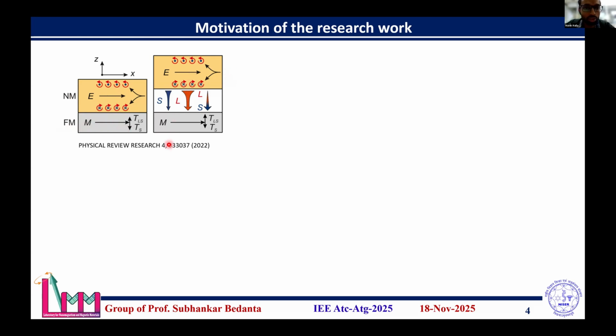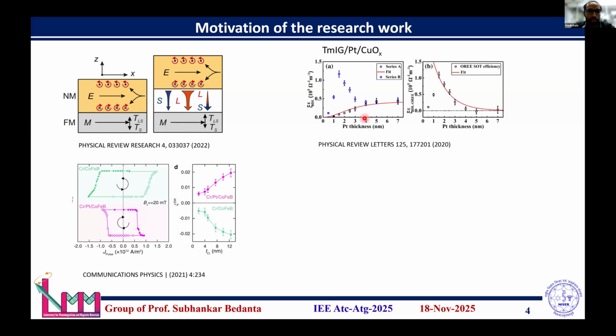Recent studies also showed that if we put a conversion layer like platinum, tungsten, and so on, one can convert this orbital current into spin current, and that spin current can be injected and used to manipulate the magnetization. These are the two papers I have shown here.